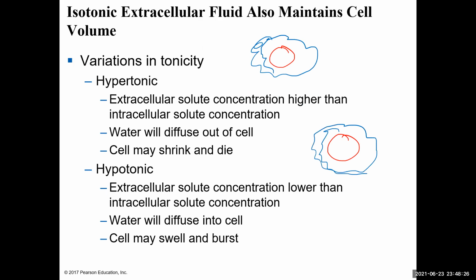Right, and so we still have our inside concentration versus our outside. Okay, so remember we said when those two concentrations are equal, they're isotonic. Now, whenever one concentration is higher, then it's hypertonic.